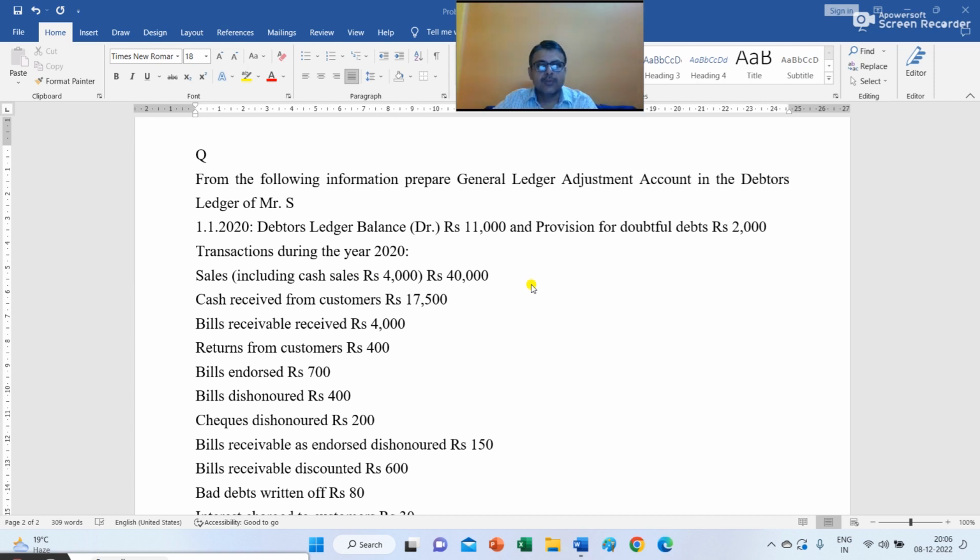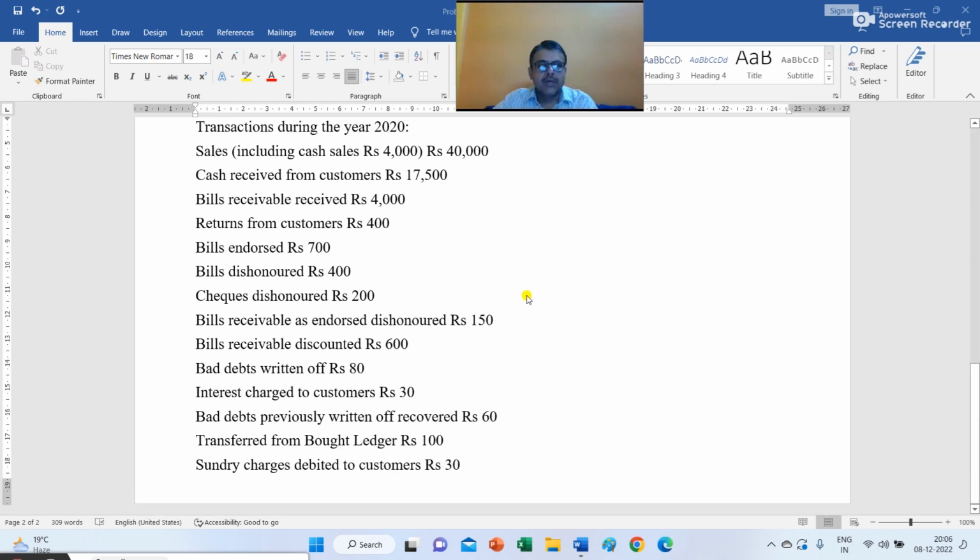Bills endorsed rupees 700, bills dishonored rupees 400, checks dishonored rupees 200, bills receivable as endorsed dishonored rupees 150, bills receivable discounted rupees 600, bad debt written off rupees 80, interest charged to customer rupees 30, bad debt previously written off recovered rupees 60, transferred from bought ledger rupees 100, sundry charges debited to customers rupees 30.